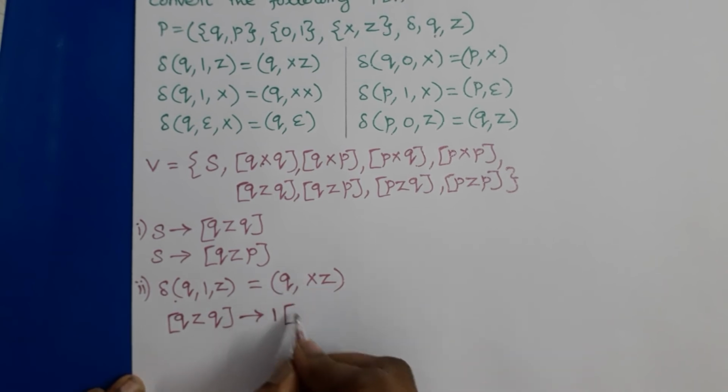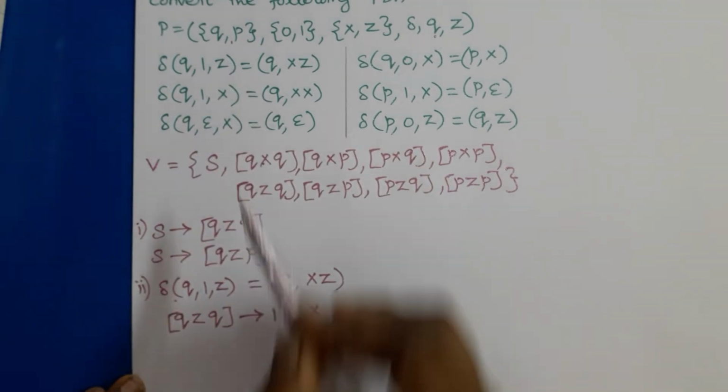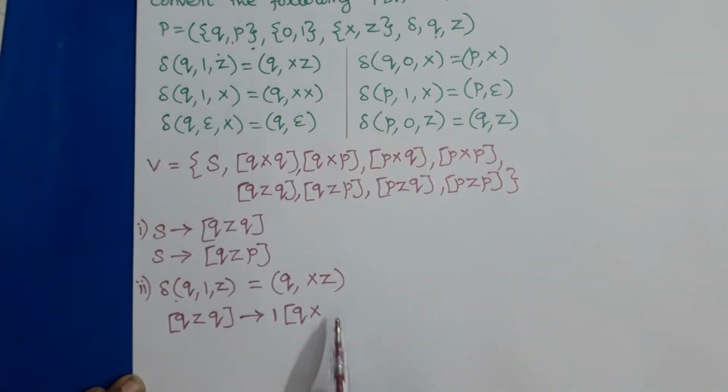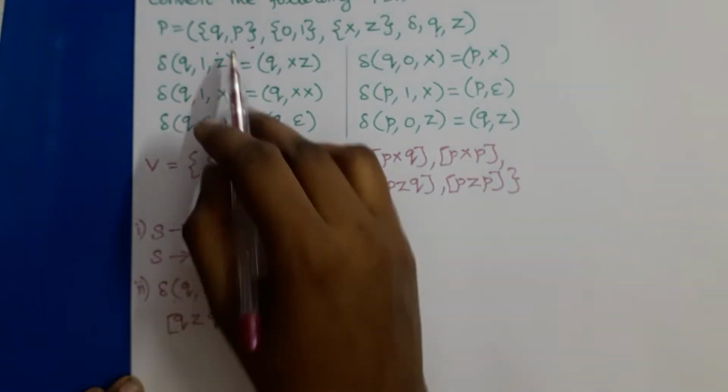By combining this Q, X, QX, and here also I need to write the state one by one. So first I have to write this rule by writing Q in the middle, then I have to write the same by writing P in the middle.